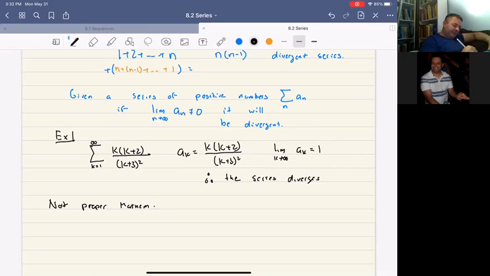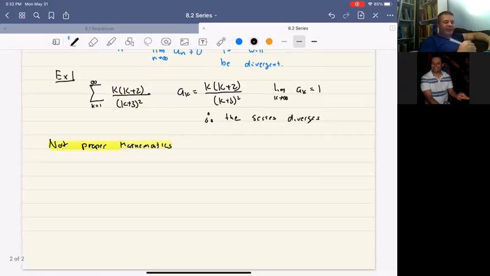But if you go online, you will invariably see someone write something down like this. This is not proper mathematics, but there is something there to be studied.